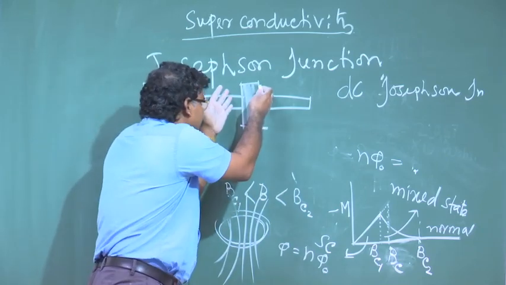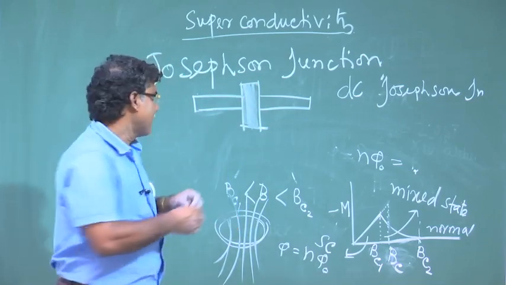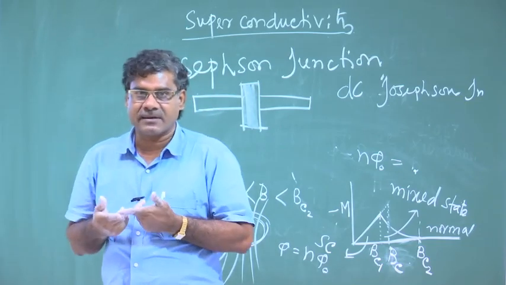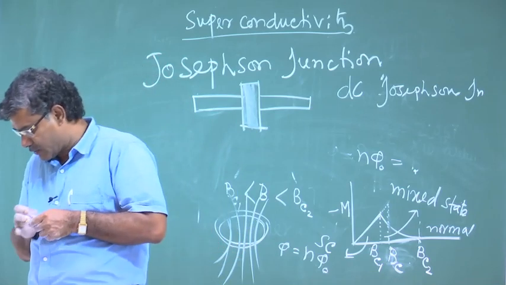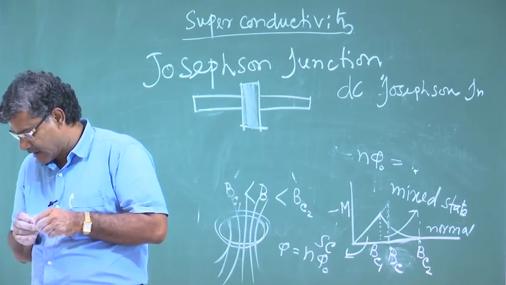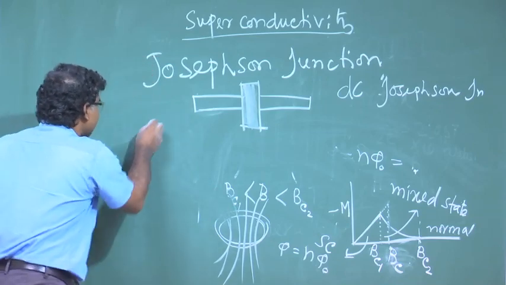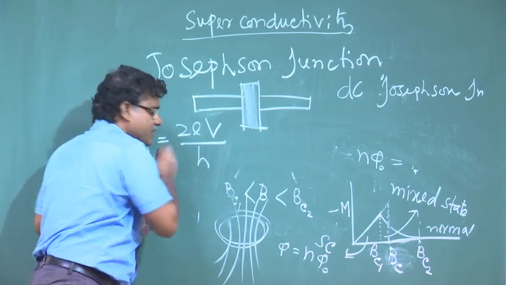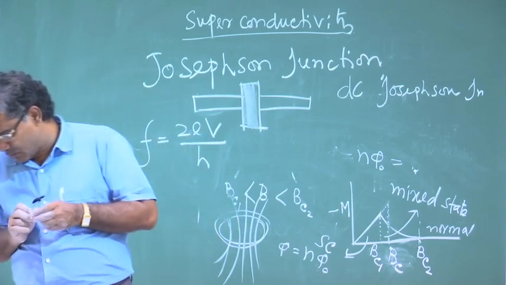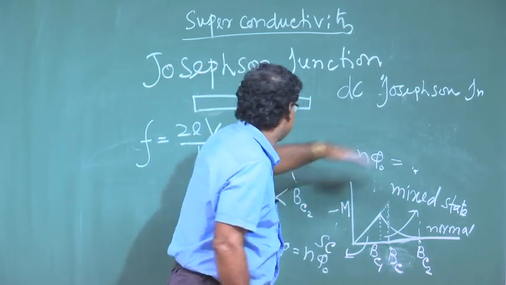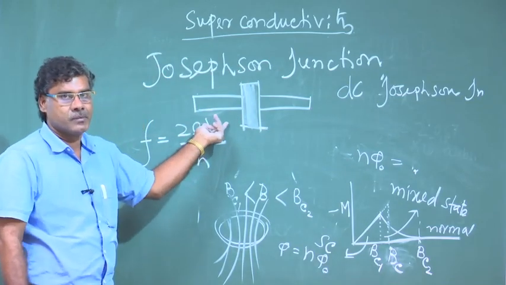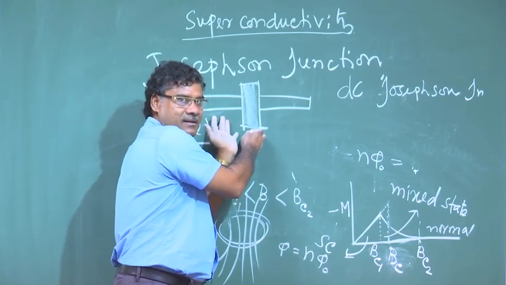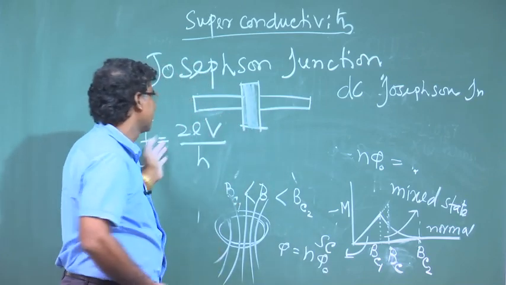Now, if we apply DC voltage across this junction, then you will get AC current through this junction, and the frequency of this AC current is 2eV by h, that is 2e by h times V. Very interesting, applying DC voltage, but getting AC current through this junction.